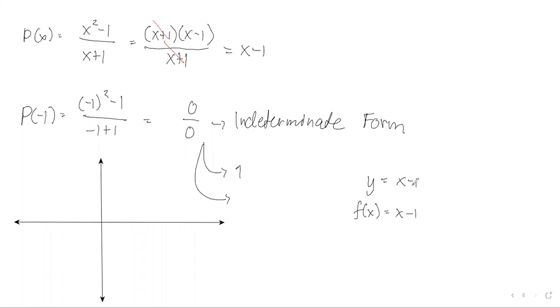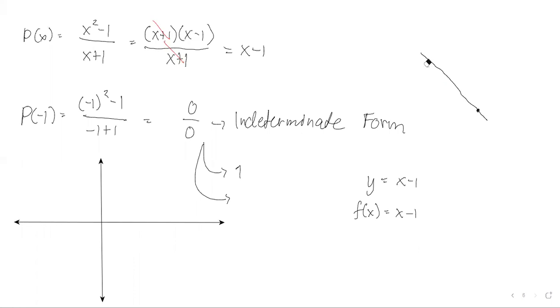Kunin muna natin ang x-intercept at y-intercept niya. Kapag in Euclidean geometry, kapag may two points ka, isang line lang ang mabubuo mo dyan. Kaya, pag nakuha mo na yung x-intercept at y-intercept, makukuha mo na yung sketch ng graph or ng straight line.